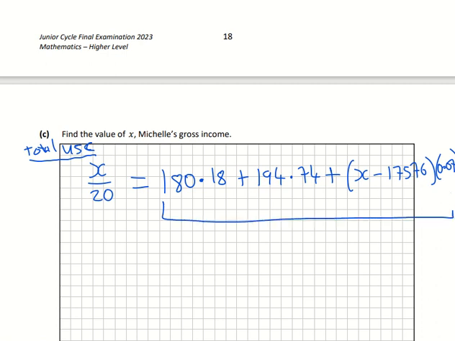All of that together is the total amount of USC she has to pay, and that's equal to X over 20, which we know is the same thing. So it's just an equation, and then you can just solve it.